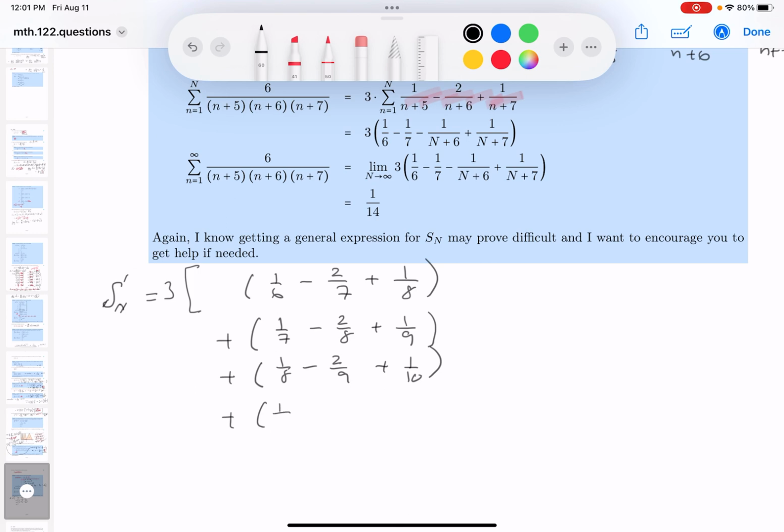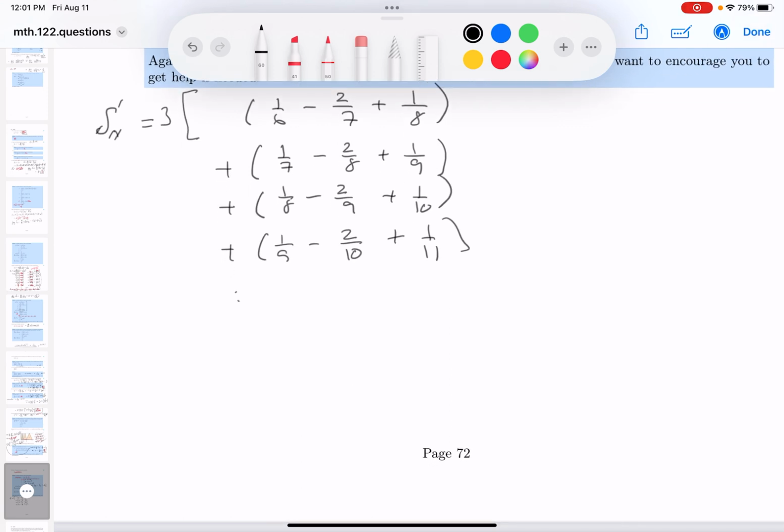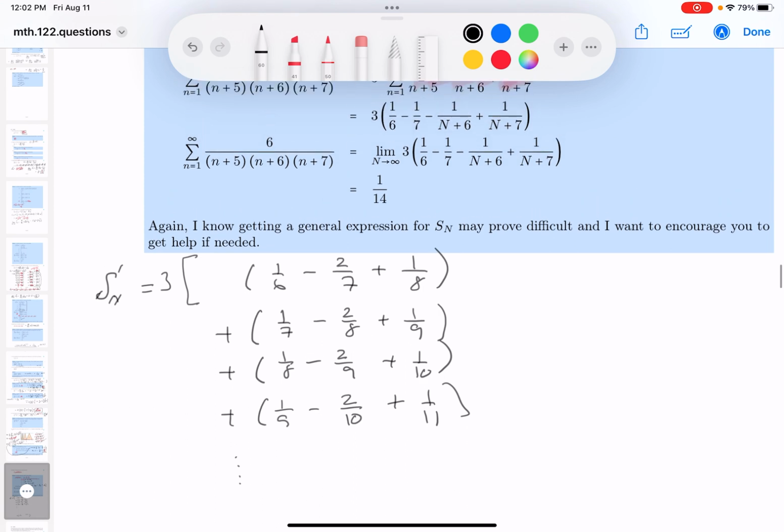Let's see, 1/9 minus 2/10 plus 1/11. I think I'm seeing something, but what I want to do is just keep going, and I want to go to the end of it. So 1 over, let's see, what's that going to be?